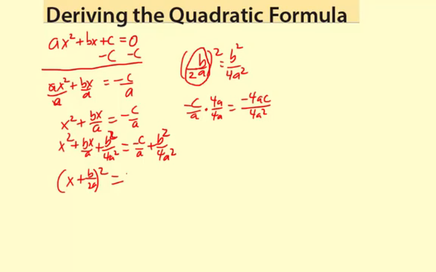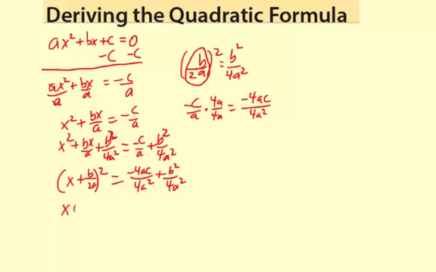Okay, so this negative c over a is the same thing as negative 4ac all over 4a squared, and plus b squared over 4a squared. Now I'm going to switch the order, using the commutative property of addition, because we have a negative term then a positive. We want the positive term to go first.